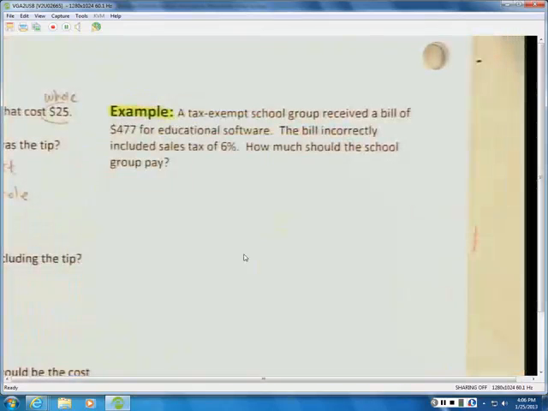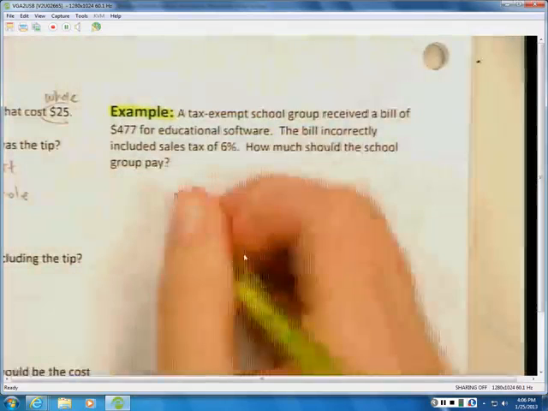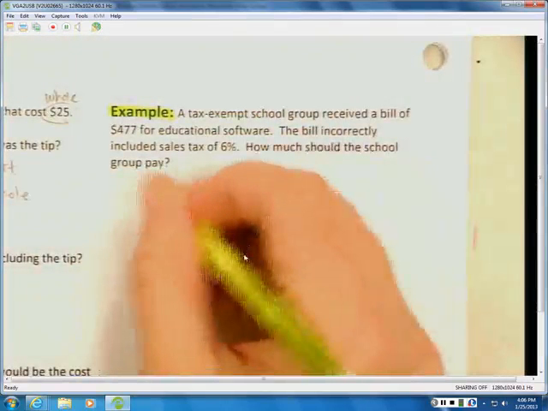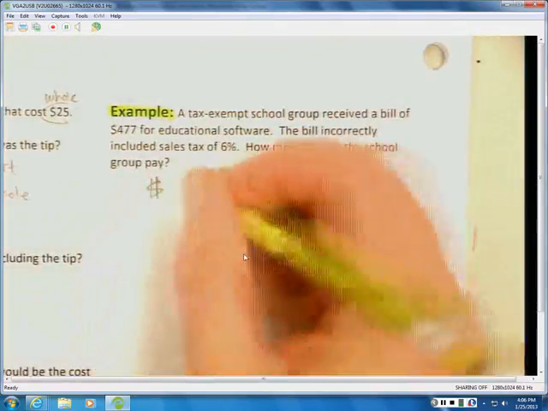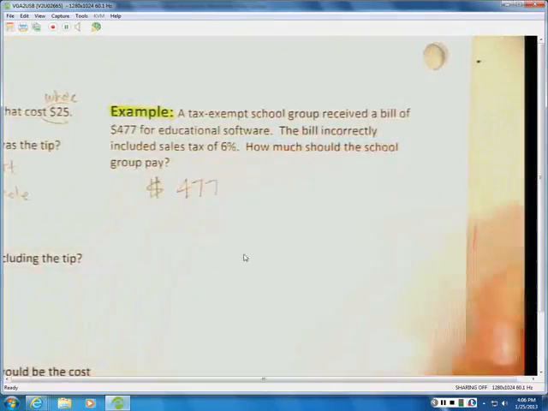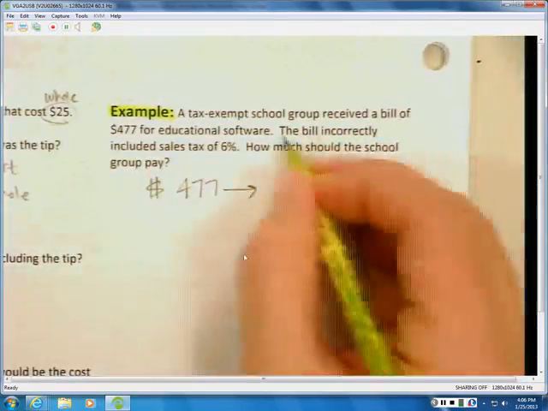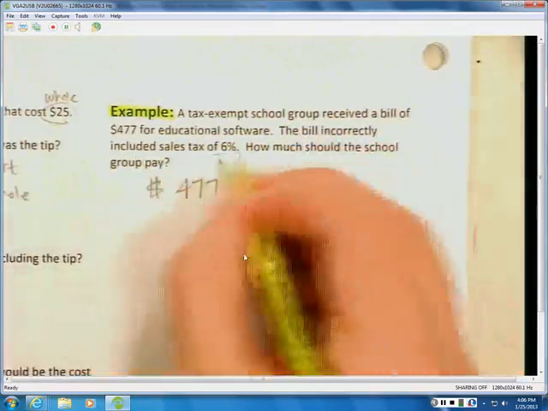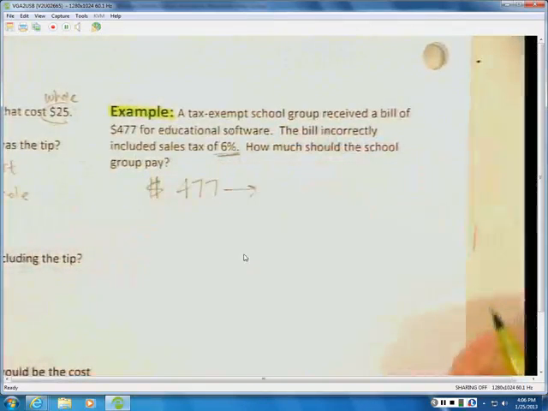Okay, you should have read it by now. I want to just point out something. This $477, that was an overpayment, right? It says the bill incorrectly included a sales tax of 6%.